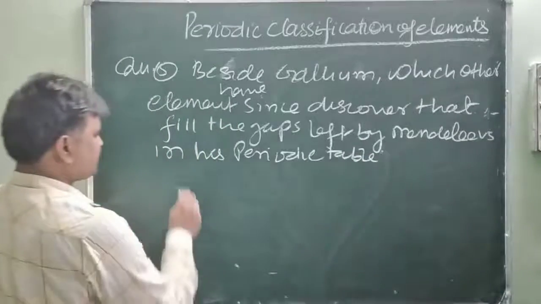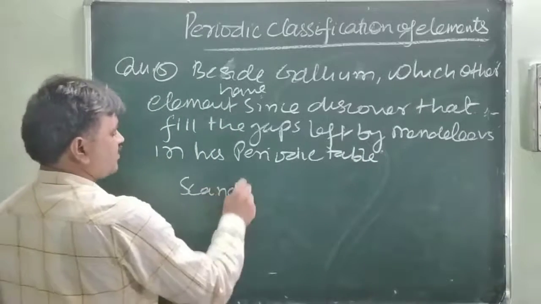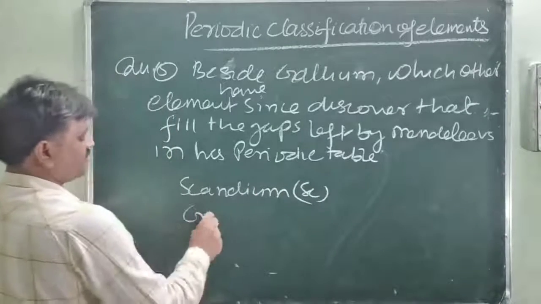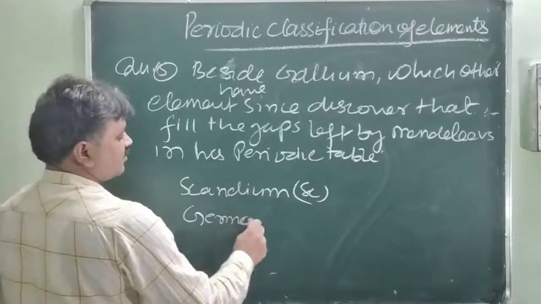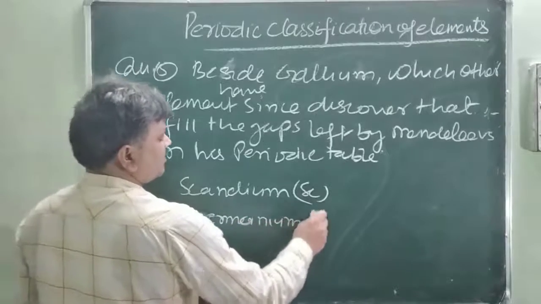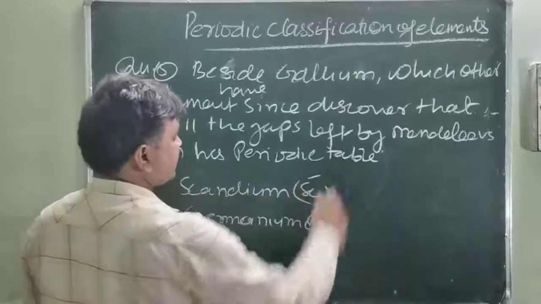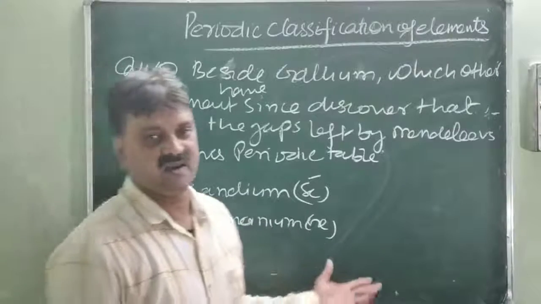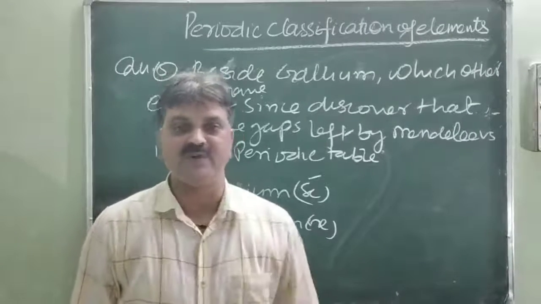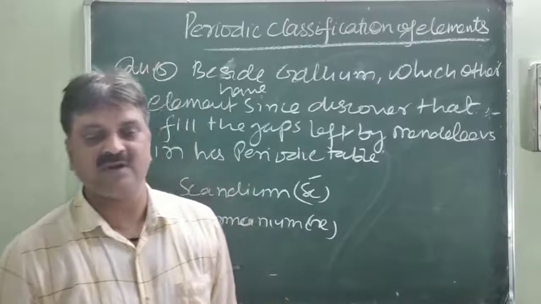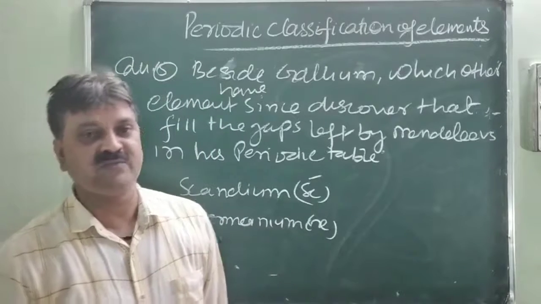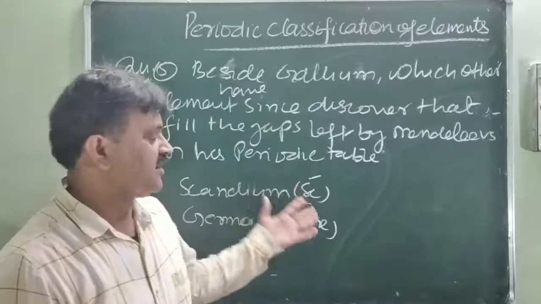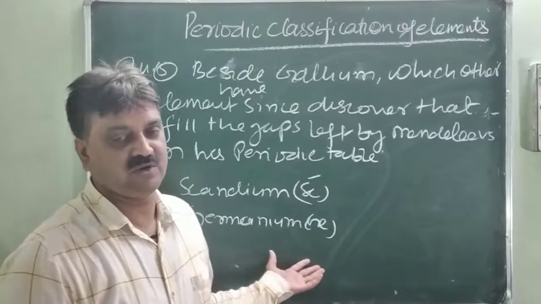So that was scandium, this is Sc, and germanium, this is Ge. Their names were given Eka boron and Eka silicon at the time of the Mendeleev periodic table. So these are the two elements that were unknown at the time of Mendeleev, and after discovery their names were written scandium and germanium, the rest two elements.